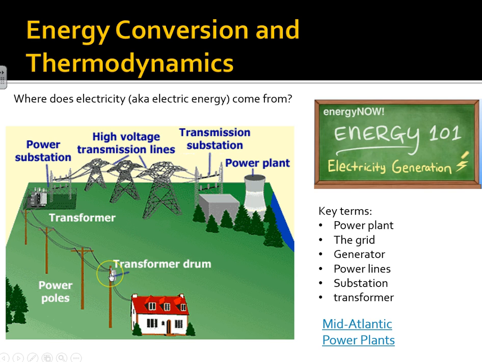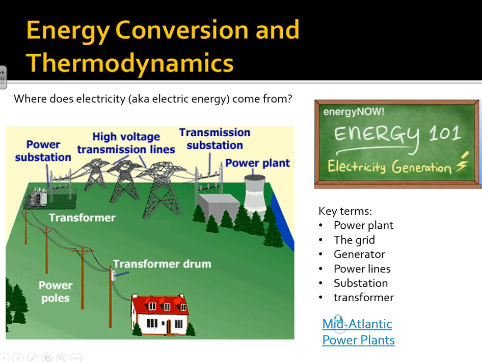Some businesses use higher voltage and so forth, but for our purposes, we'll think about the electricity you use in your home comes from the transformer drum there. So that's the basic process. Big power plant, high voltage lines, goes to a substation, goes to a lower voltage, comes through the lower voltage power lines, goes through another transformer, and then it goes to your house. So that's where most of our electricity in the United States comes from.